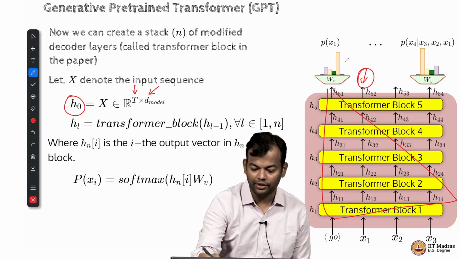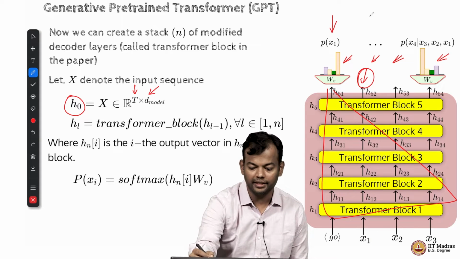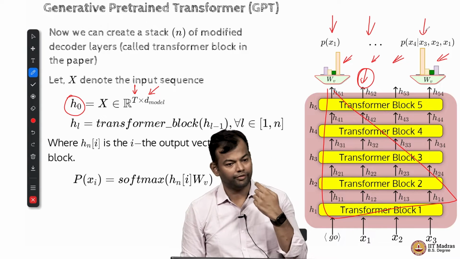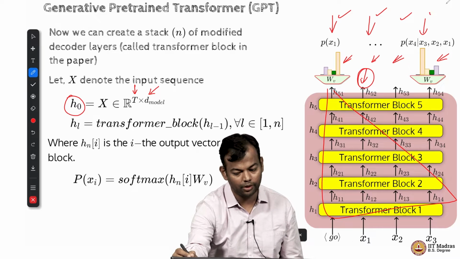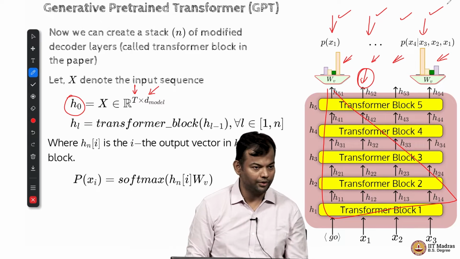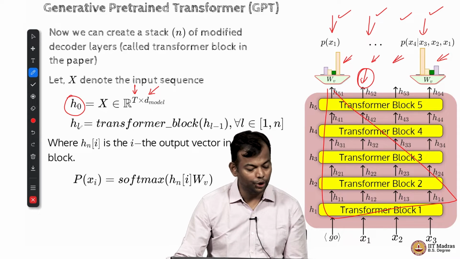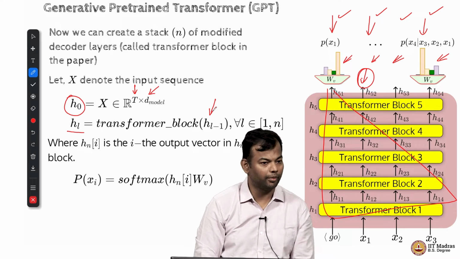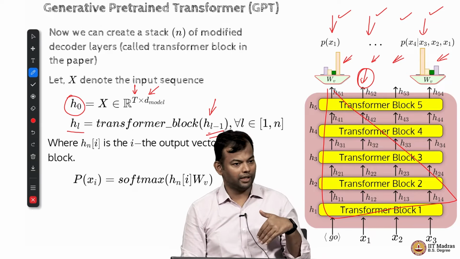So now at the end you are simultaneously predicting all these probabilities, and your job is to maximize each of these for the correct word. So probability of I should be maximum here, am should be maximum here, going should be maximum here, home should be maximum here, and so on. All of these probabilities you need to maximize. At every level you are computing a new hidden representation, which is the representation coming out from the Lth transformer block, which takes the input from the L-1th transformer block.